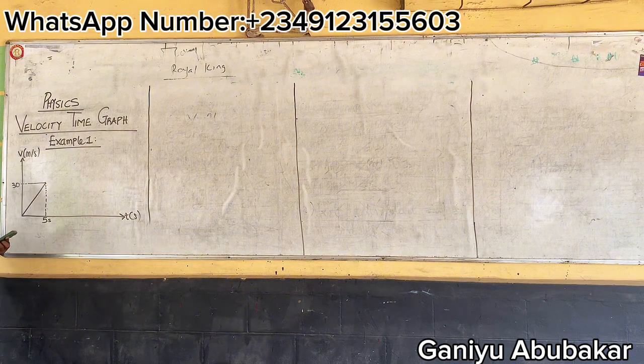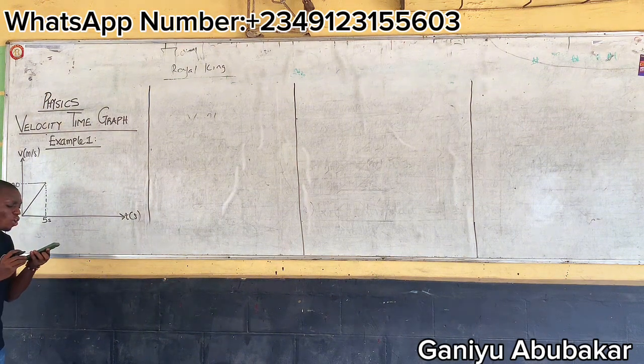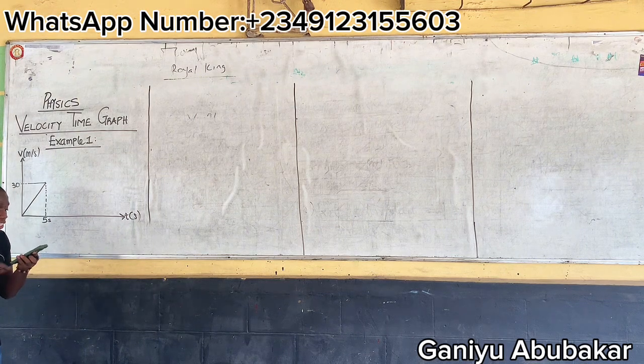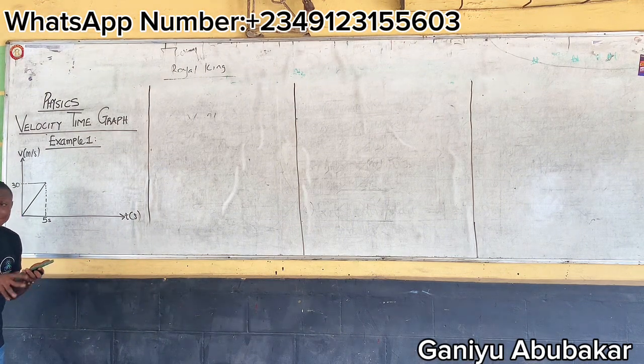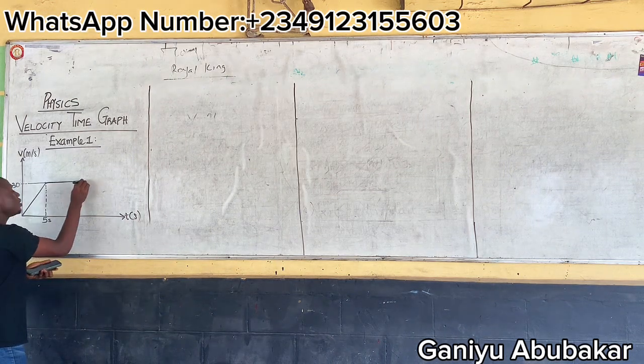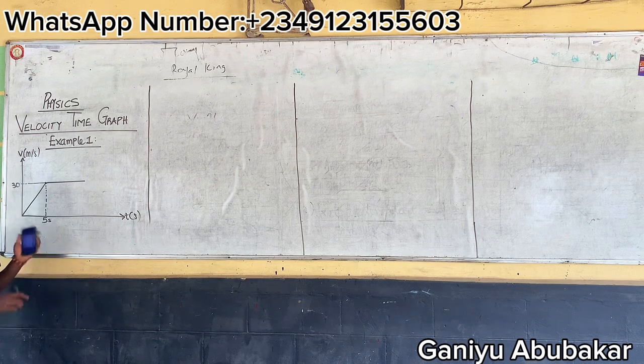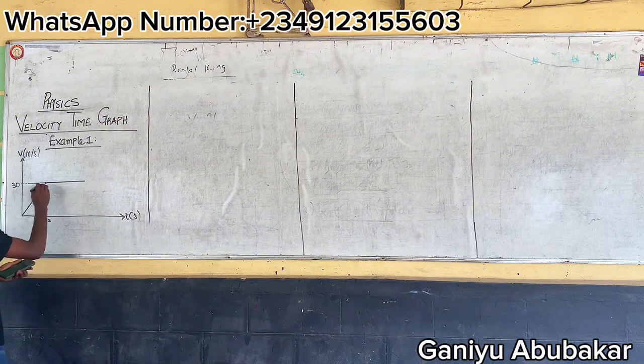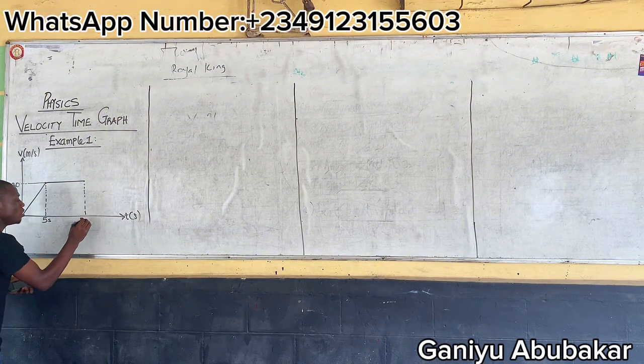It then says it maintains the velocity reached, the same thing as constant velocity. So it looks like this. A straight line signifies constant velocity, as I showed earlier. What next? It says it maintained the velocity reached for 15 seconds.